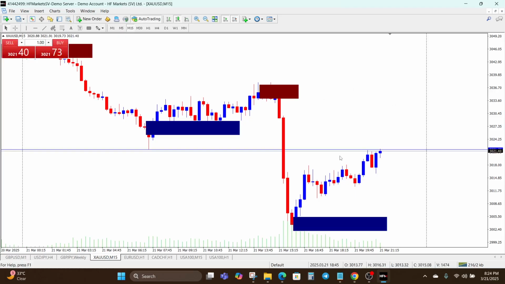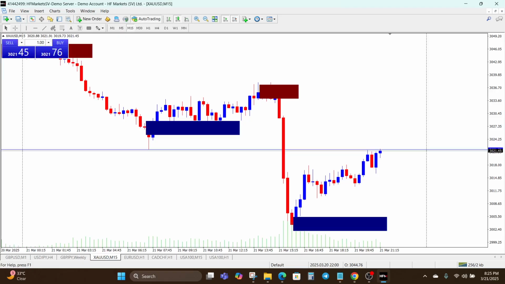The bullish order blocks, which are the ones in this dark blue, indicate where buyers are likely to step in, while the bearish order blocks, the ones in this dark brown color, indicate where sellers are likely to take control. The order block locator indicator works across all time frames, from the 1 minute to the monthly charts, making it suitable for both intraday and long-term traders.